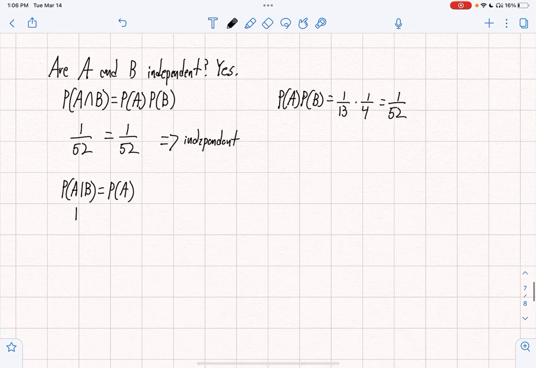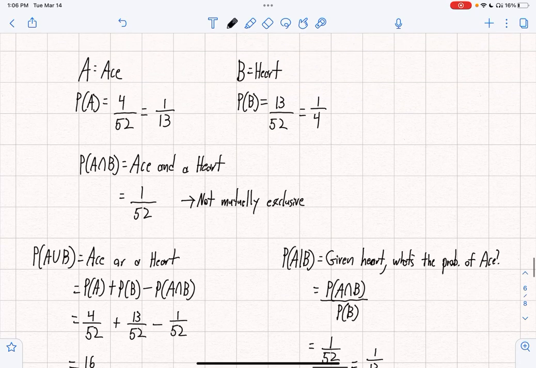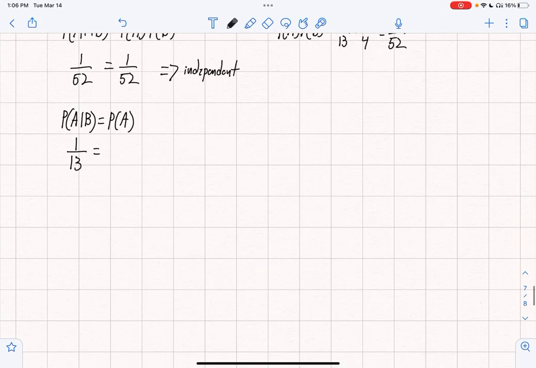And we need to see if that is equal to the probability of A. And the probability of A is 1 out of 13. So again, these two things are equal to each other, and therefore they are independent.